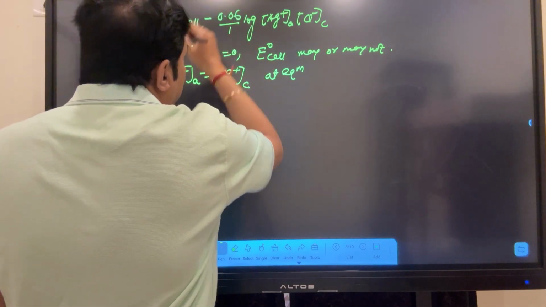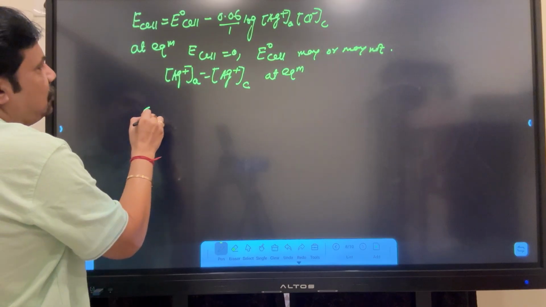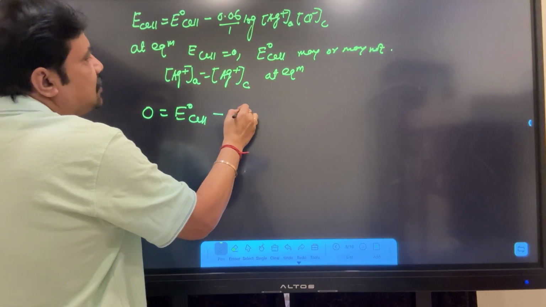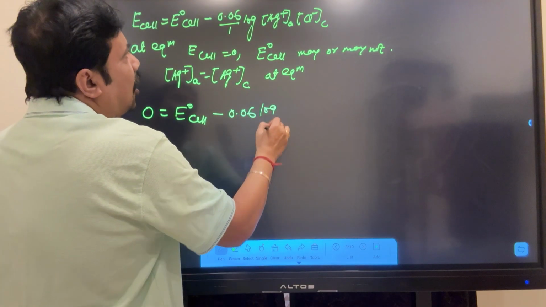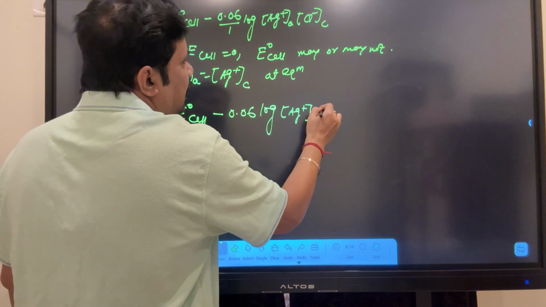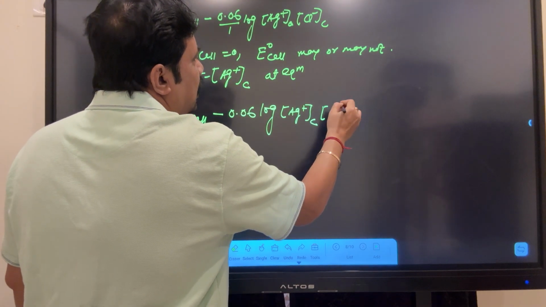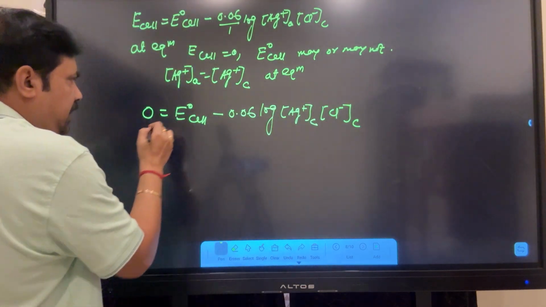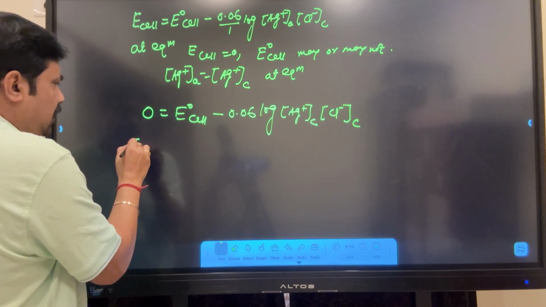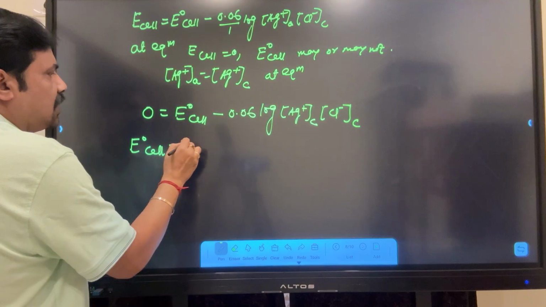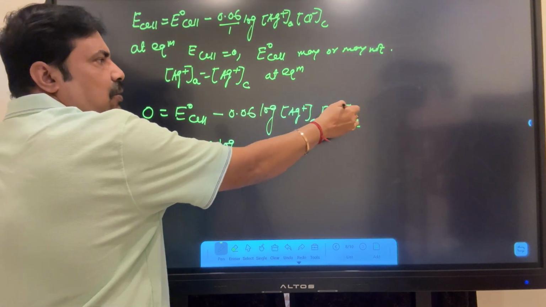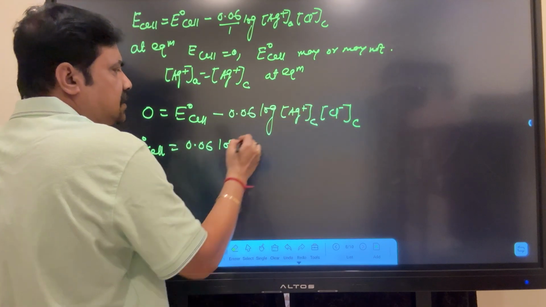Then from the Nernst equation, E cell equals 0, E naught cell minus 0.06 log of, replacing the silver ion concentration at the anode with that at the cathode, the silver ion concentration at the cathode into the chloride ion concentration at the cathode. So E naught cell equals 0.06 log of the silver ion concentration at the cathode into the chloride ion concentration at the cathode.